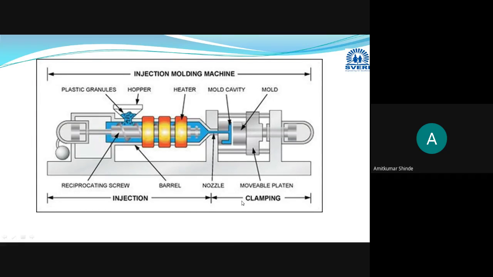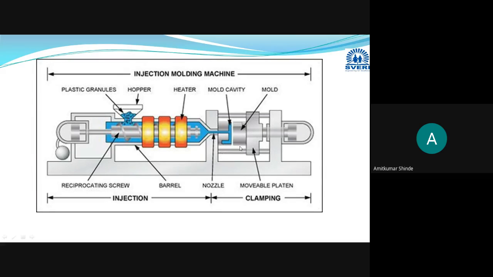Now why is clamping required here? Because this mold is present in two parts. One part is the movable part, or movable plate; here I have named it movable plate. And another is the fixed part.